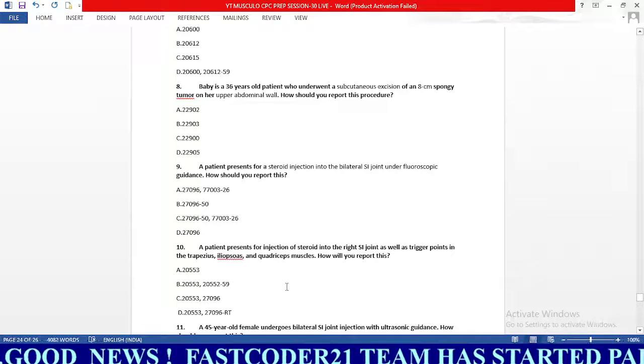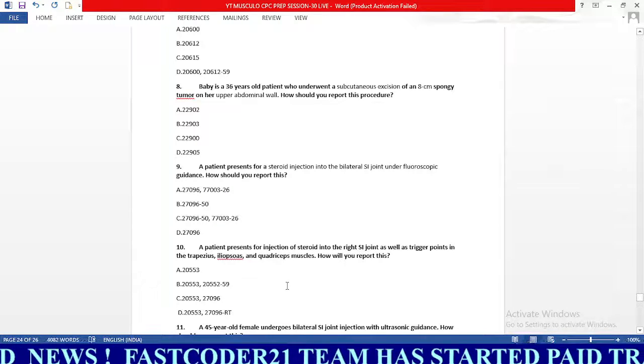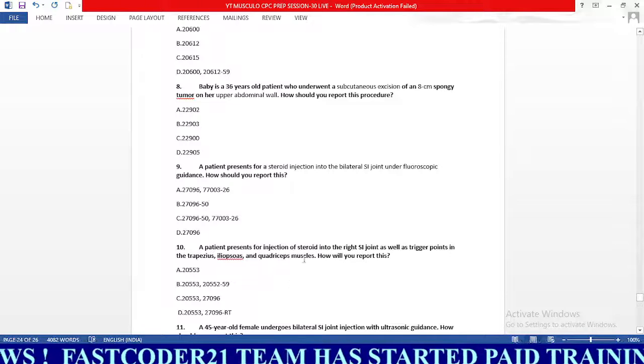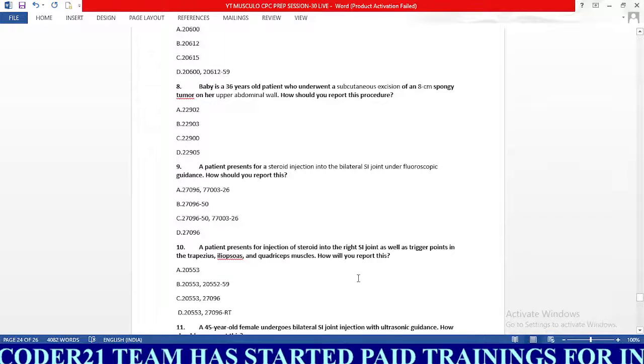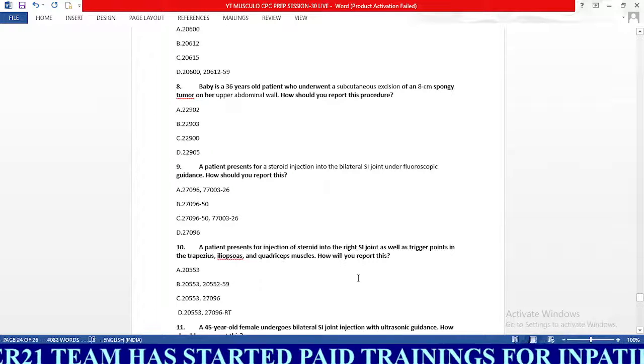So now we will check the answer for injection of steroid into the right SI joint. We will check 27096 now.